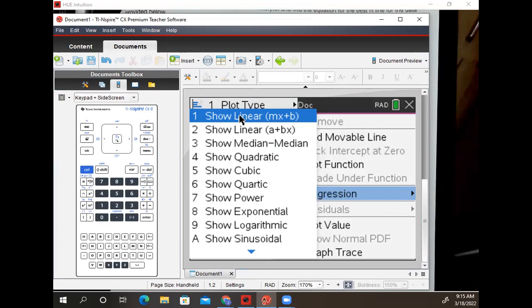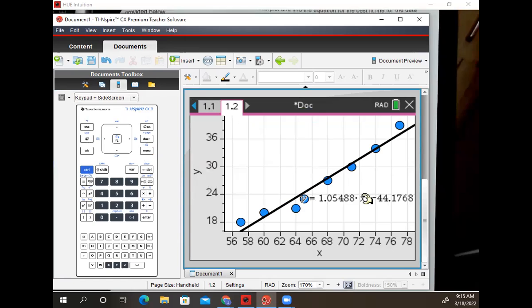Okay. So let's click y equals mx plus b, and then I like doing this on its own page instead of a split screen. You can do the split screen with your spreadsheet, but then sometimes it makes it hard to be able to see the whole equation, especially if there's a lot of decimals. So go ahead and round this to 2 decimal places for me. You get 1.05x, I should say, minus 44.18.